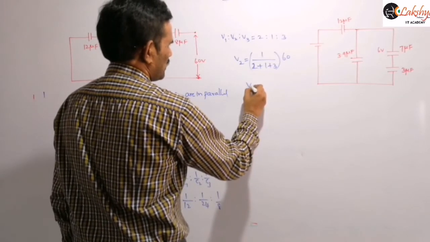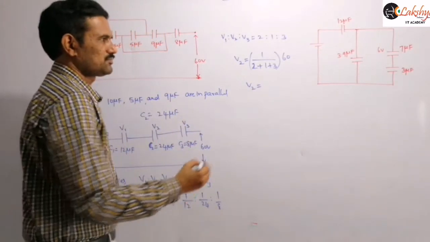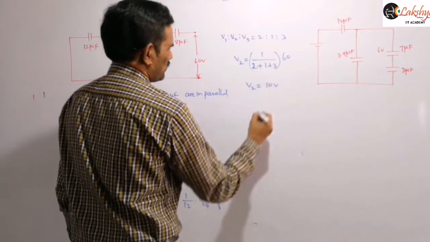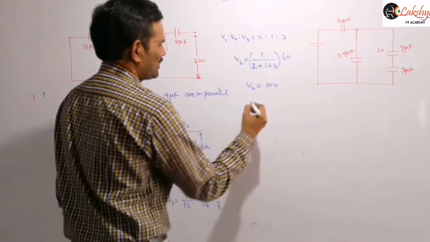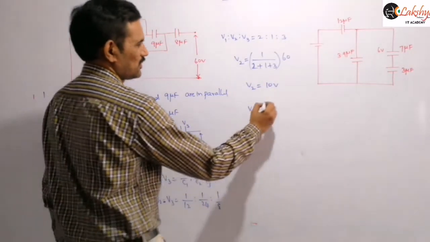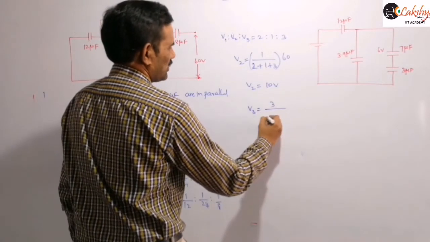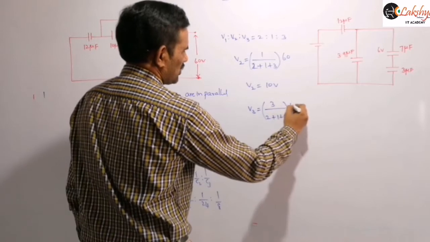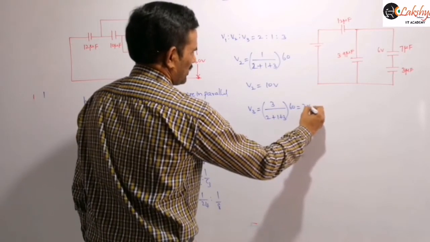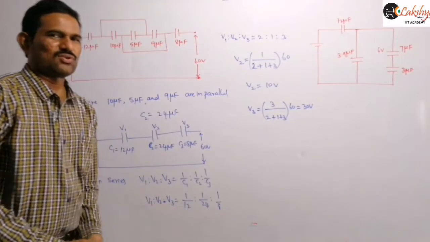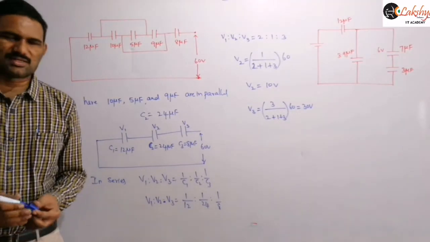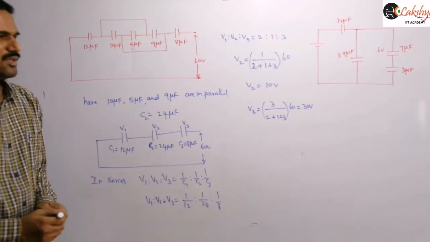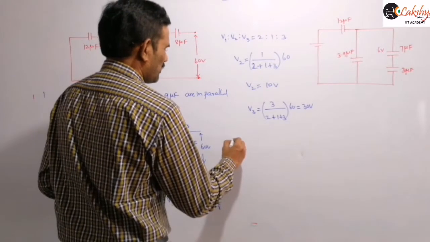So V2 is 10 volts. Then V3 is 3 by 2 plus 1 plus 3 into 60, so we get 30 volts. As we know the potential differences, now we can calculate the energy easily. So now the energy stored in the 5 microfarad capacitor.